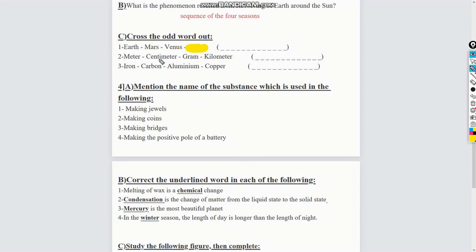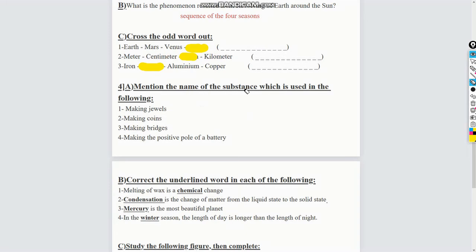Centimeter is also used for measuring length. Gram is used for measuring, yes, you're correct, mass, so it's the odd word. Iron, carbon, aluminium, copper. Iron is a metal. Carbon is a non-metal. Aluminium is a metal, and copper is a metal, so carbon is the odd word.